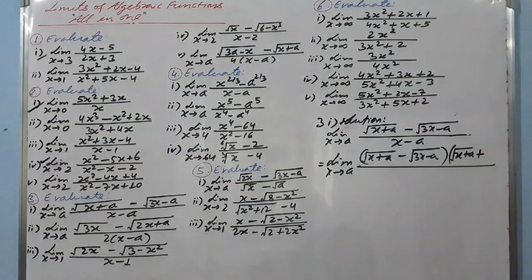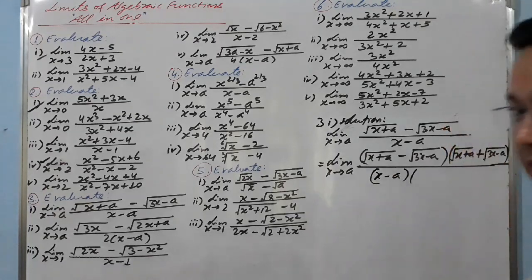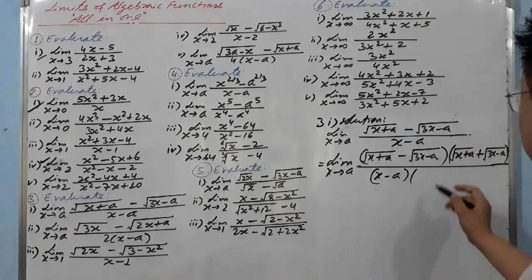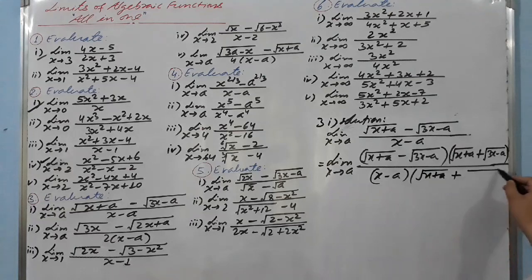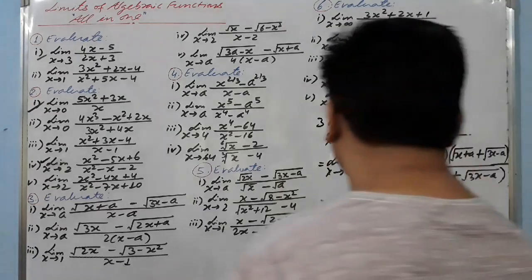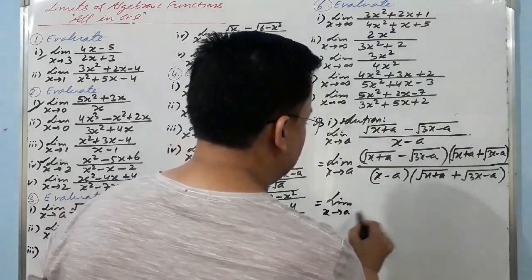Root x plus a, here plus, conjugate of this root 3x minus a over x minus a. Exactly as I'm writing, the same way you will do root x plus a plus root 3x minus a. So here no problem, limit as x tends to a.